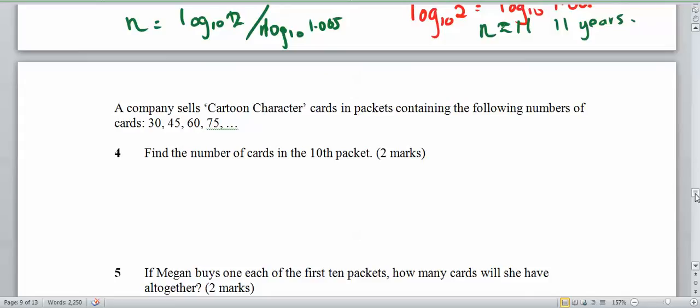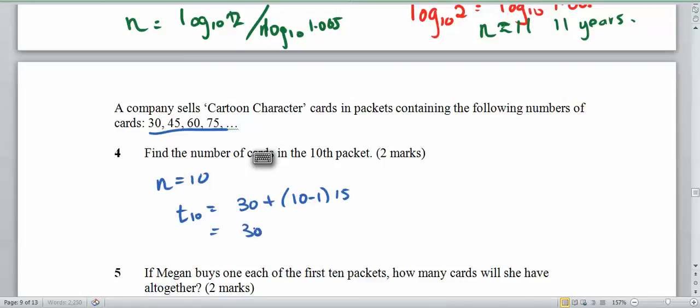But let's do this one. A company sells cartoon character cards in the following numbers: 30, 45. Well, that's an arithmetic sequence, so find the number in the 10th packet. So we want t10, the 10th term, which is equal to a, our starting value, plus n minus 1, 10 minus 1, times the common difference, which is 15.